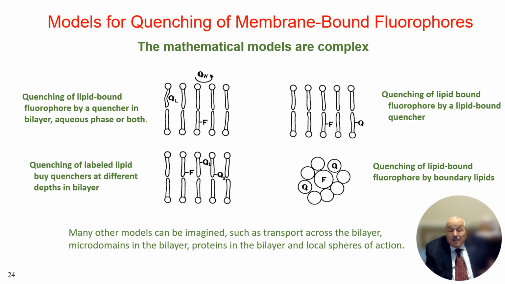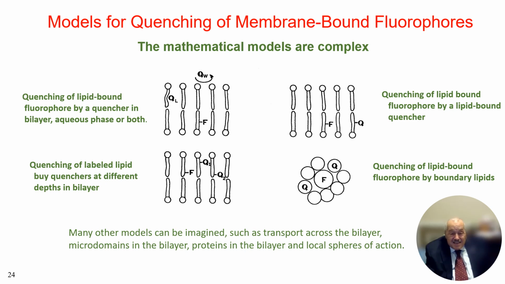We have many different cases to consider. We would have to consider the case where the quencher can be in the aqueous phase or in the lipid phase. We would need to consider the case where both the fluorophore and the quencher are covalently bound to the lipid.